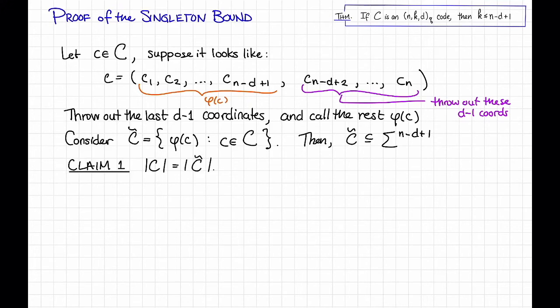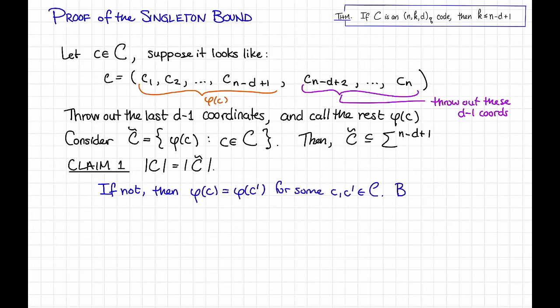Why is this the case? Well, if not, then there must have been some collision when we created C-twiddle. There must be some c and c prime so that phi of c is equal to phi of c prime. But then I claim that the distance between c and c prime is going to be at most d-1.